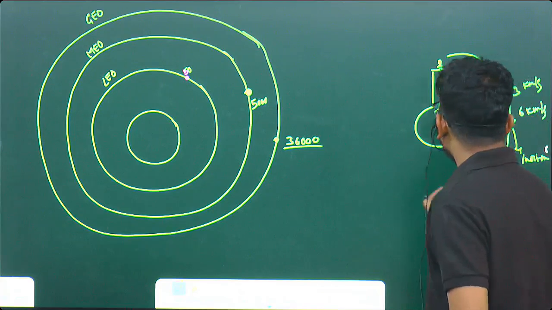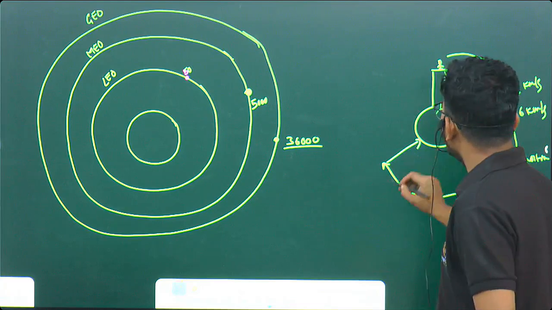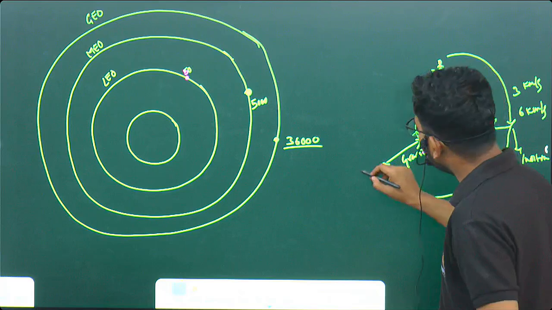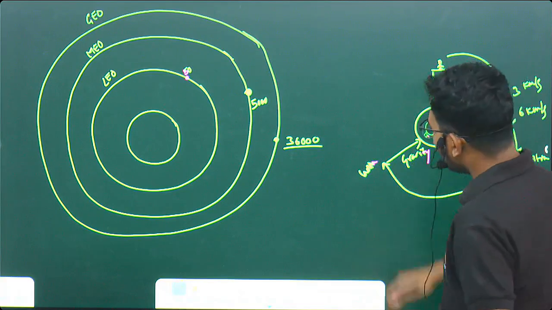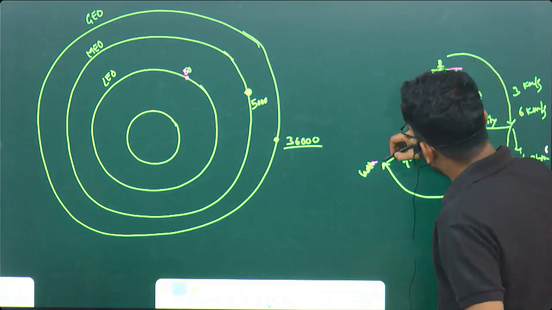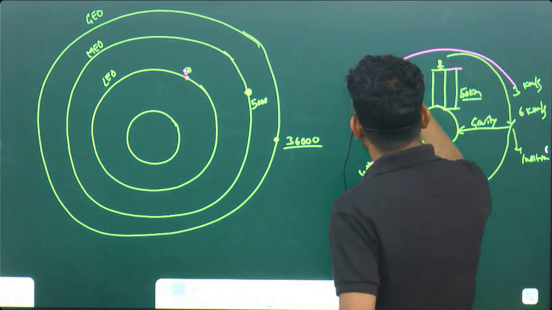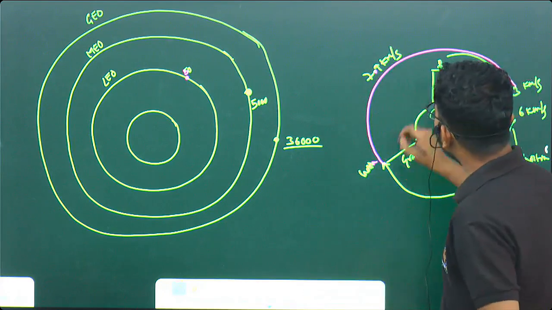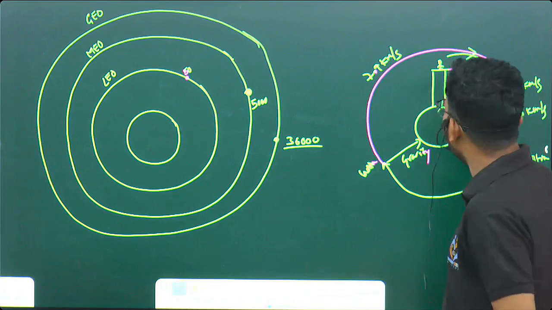It travels some more distance and then falls down. Gravity is acting here and inertia is acting here. Now I try my level best and throw the stone at 7.9 kilometers per second. Now the inertia will be balanced with the gravity.